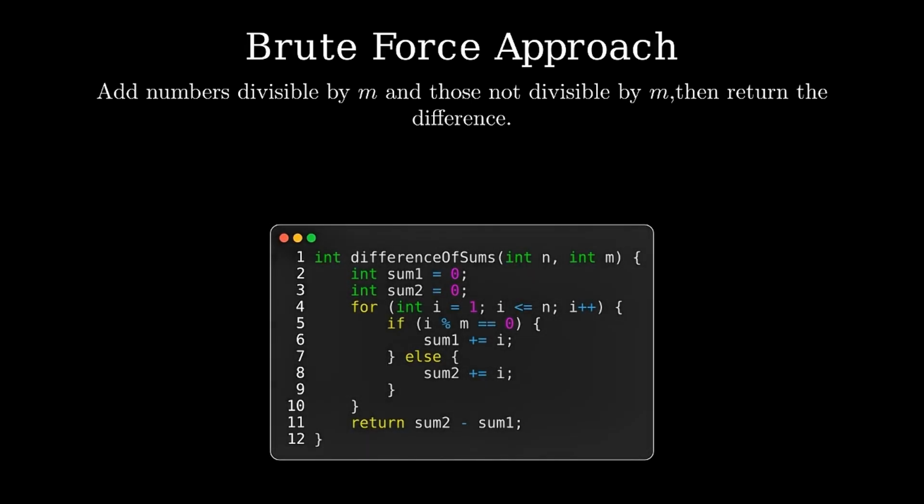All you're doing is looping through the numbers 1 through n, and if i mod m is equal to 0, then you accumulate for sum 1, and otherwise you accumulate sum 2. And essentially you're just returning sum 2 minus sum 1. So pretty straightforward there.